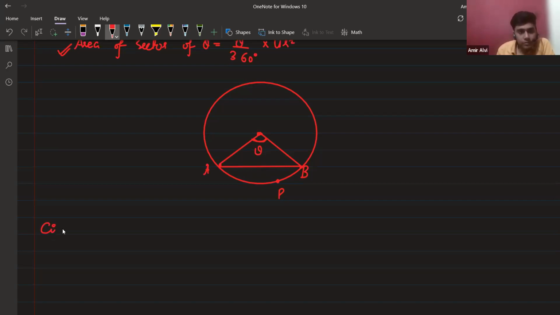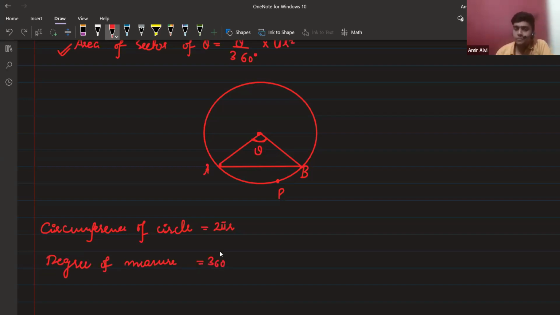Circumference of circle is equal to 2 pi r. And what is the angle subtended by the circumference? It is 360 degree measure.